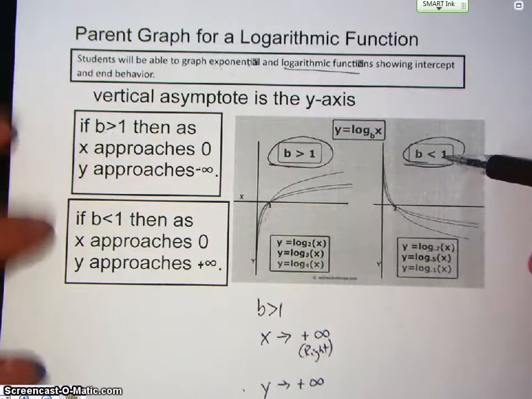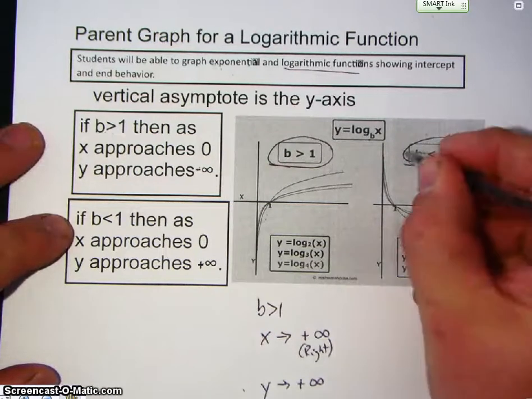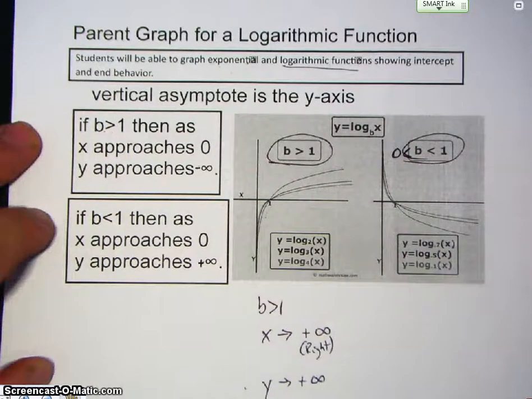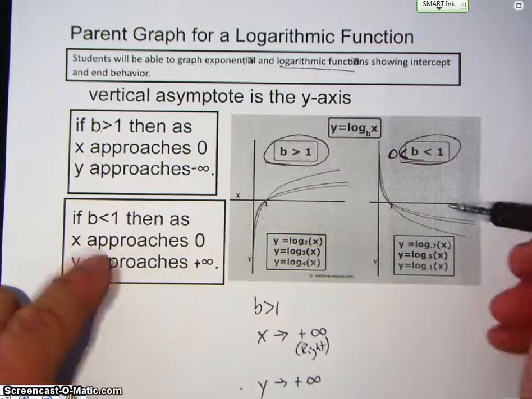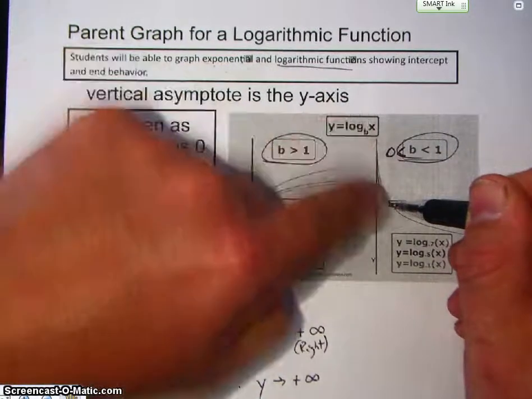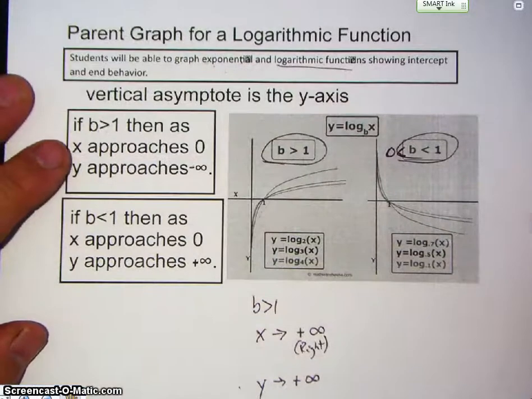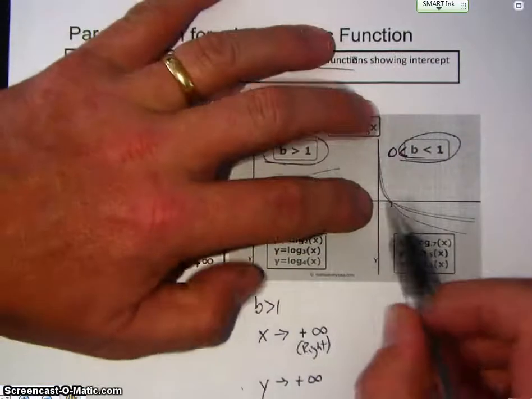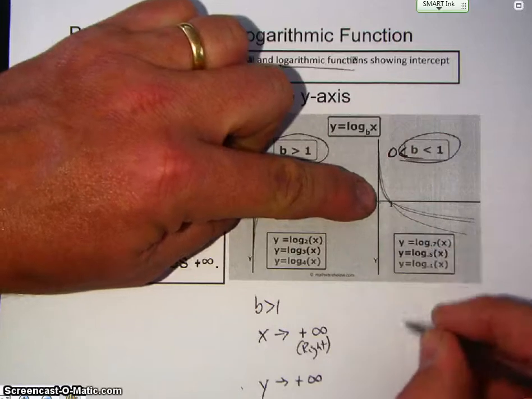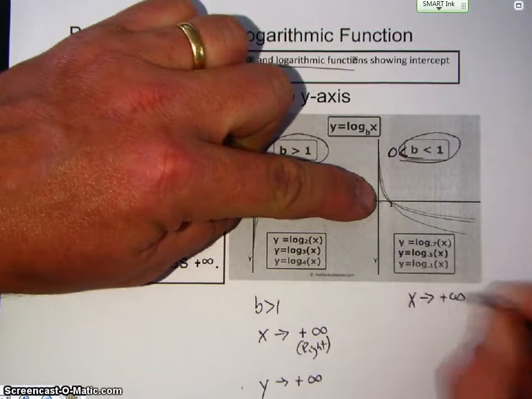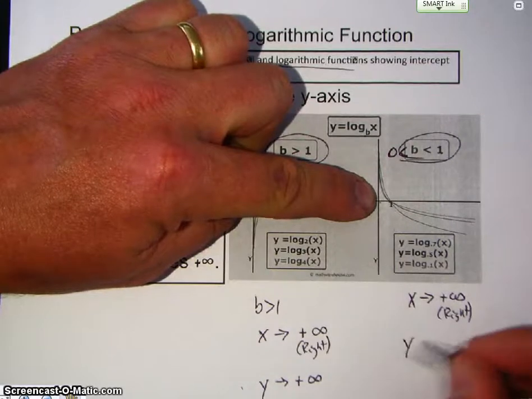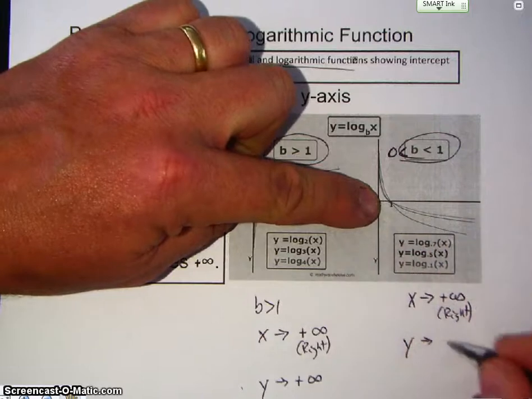Now b is less than 1, but greater than 0. As x approaches 0, in other words, if I'm going towards the origin, you notice my y value goes to positive infinity. Or, if I look at it the other way, if I start here and go to the right, as x approaches positive infinity, y approaches negative infinity.